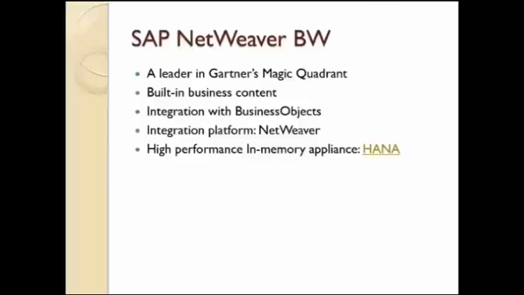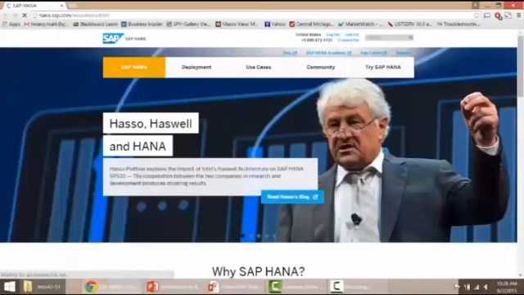I have a link here that will take you to a dedicated website for SAP HANA, and it has all kinds of news about the latest developments, white papers, demos, testimonials, and so on that you can learn more about if you are interested.